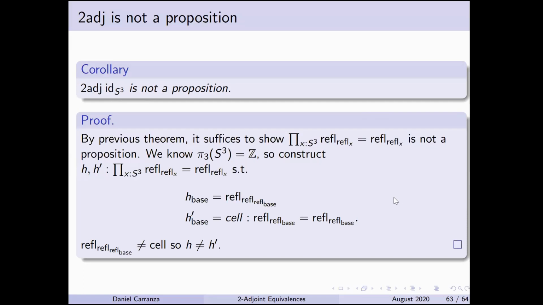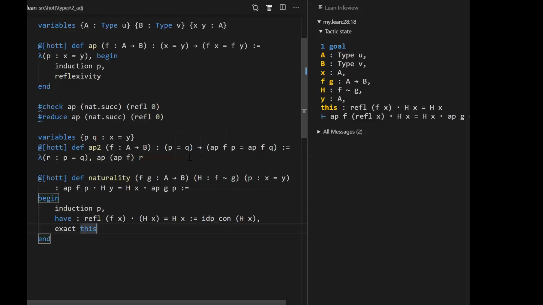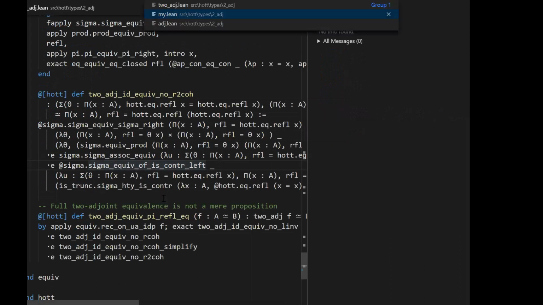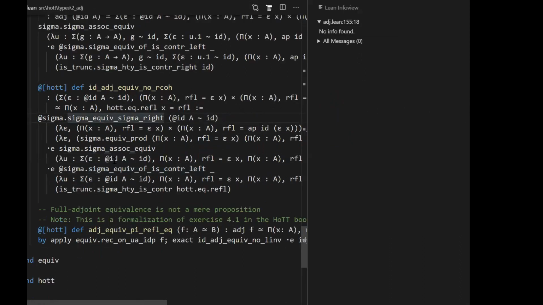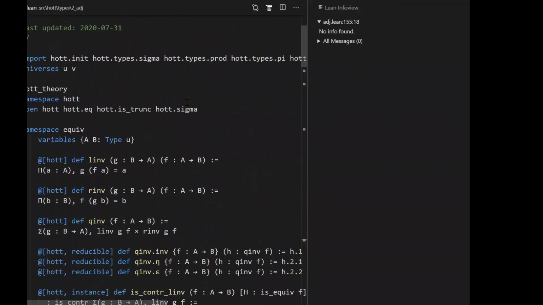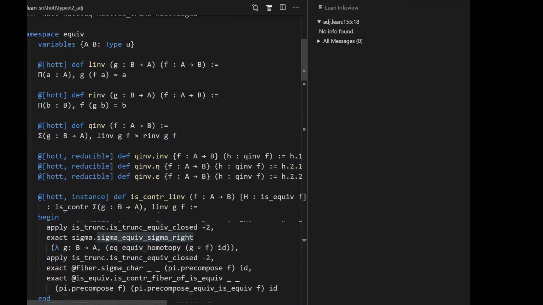I'm going to take a moment to show off sort of what this formalization looks like in the code. So here is, well, let's start here, right? Here is all of formalizing everything for quasi-inverses, half-adjoint equivalences, and full-adjoint equivalences.